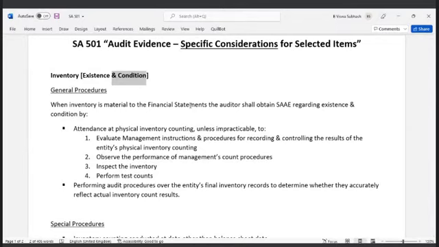Existence, if you take up very big stores, large scale stores or FMCGs, their carrying out the inventory verification is not so easy. Once you start the inventory verification, they have to stop the sales also, in some places, because the movement is so fast that if you don't stop, there is always going to be a difference with respect to the inventory.